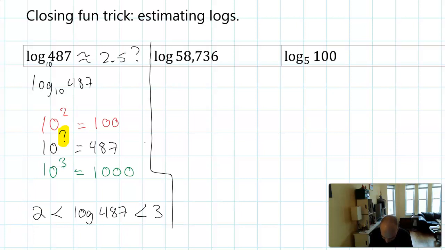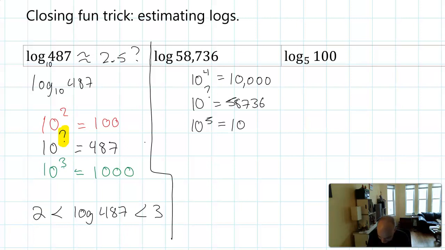You try these next two. Here, let's check that in. So this would be saying 10 to the what is equal to 58,736. Well, we know that 10 to the fourth would be 10,000, but 10 to the fifth would be 100,000.